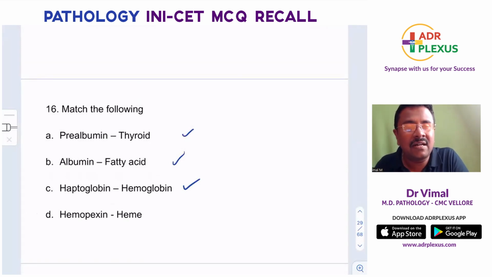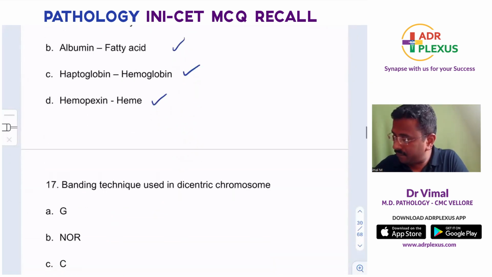The examiner gave it in the form of match the following and wanted you to pick the correct options. So prealbumin, thyroid; albumin, fatty acid; haptoglobin, hemoglobin; and hemopexin, heme.